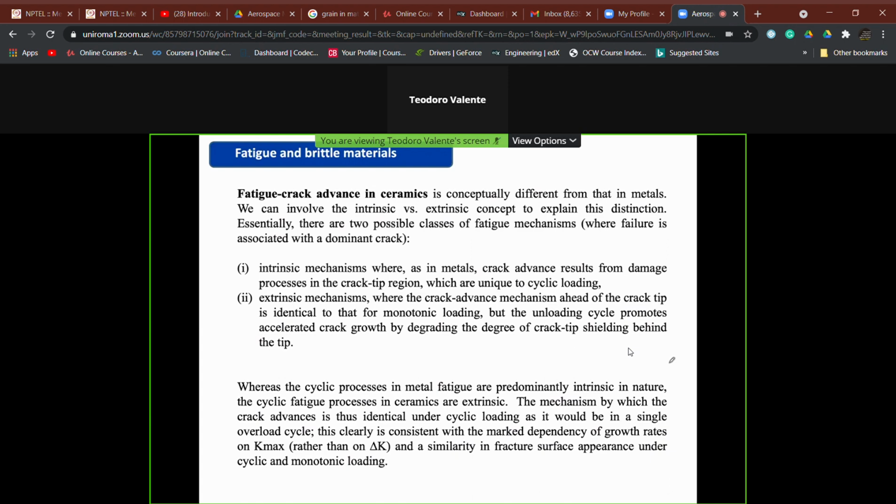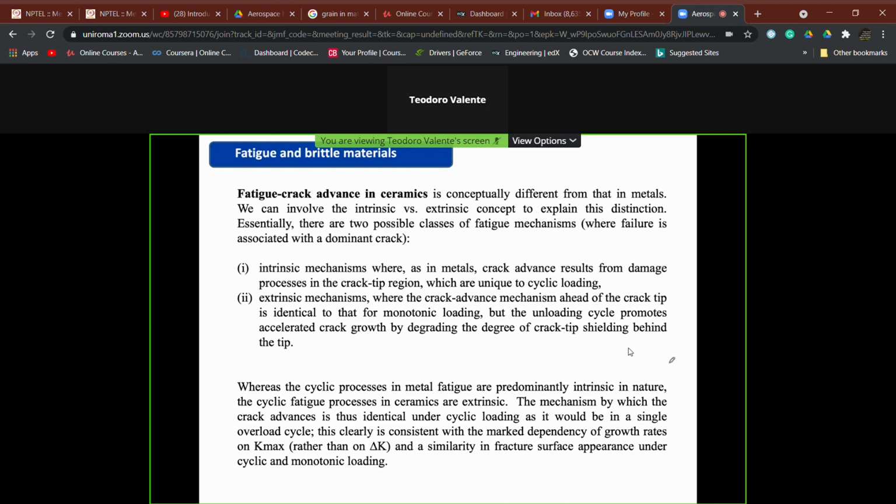We said, well, if we have in front of us a brittle material, we can apply the concept of fracture mechanics, but we can assume, as we said some years ago, that the fatigue life of the brittle material is equal to 0. Well, this is not true.